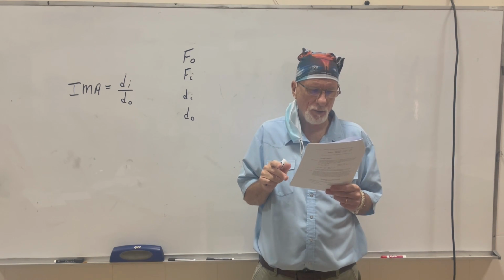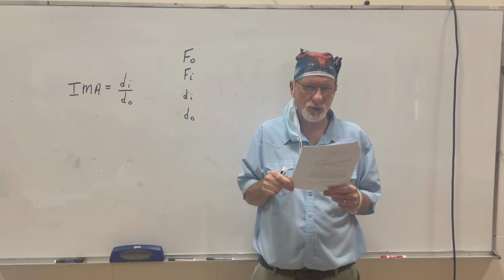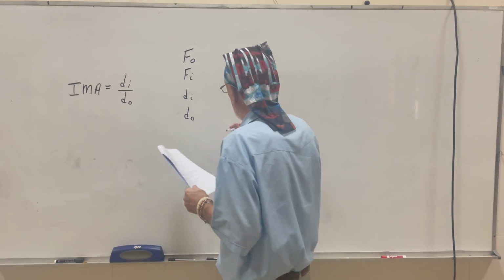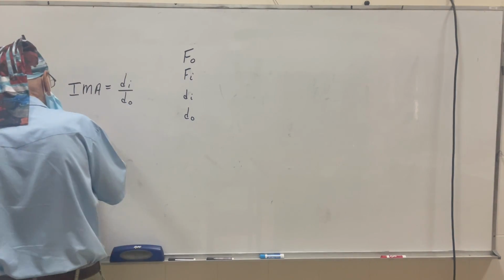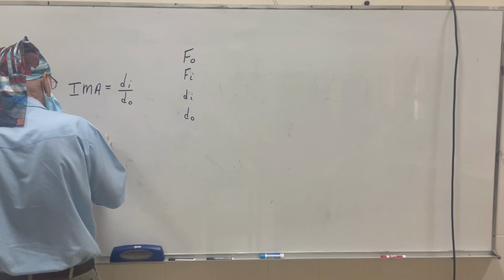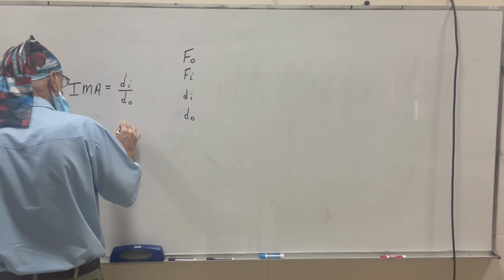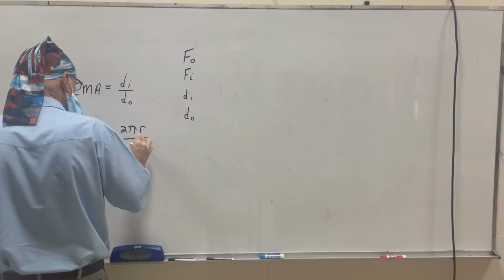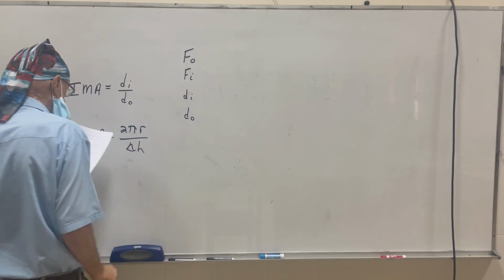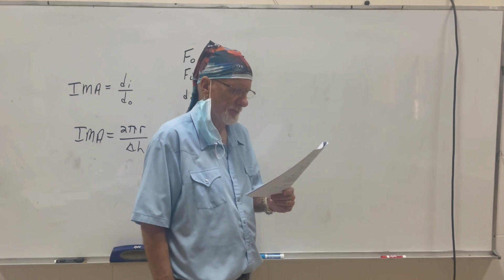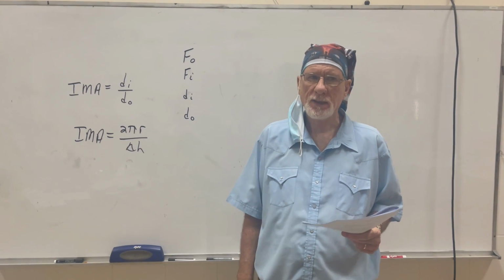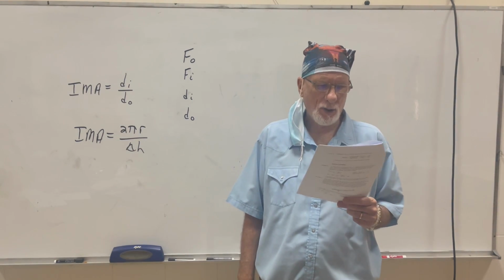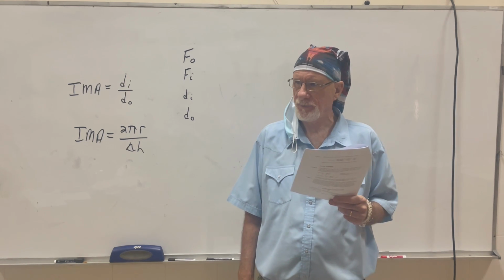So you know that the ideal mechanical advantage of the jack screw is going to be equal to 2 pi r over delta h. Correct? Yes?